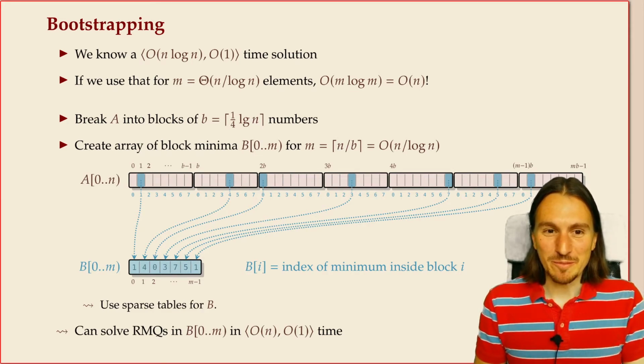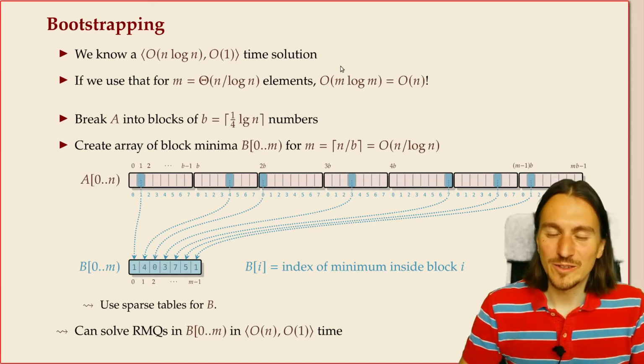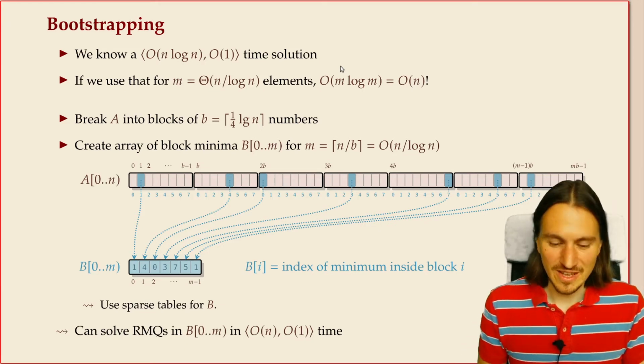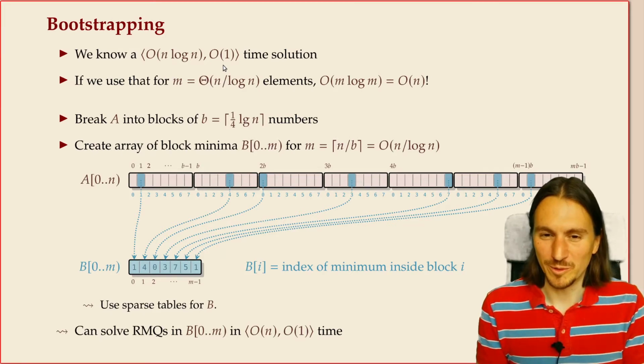Okay, the first step in this more sophisticated solution for the range min problem is taking what we have and seeing what we can get with simple tricks. Ignore the picture down there for a moment.